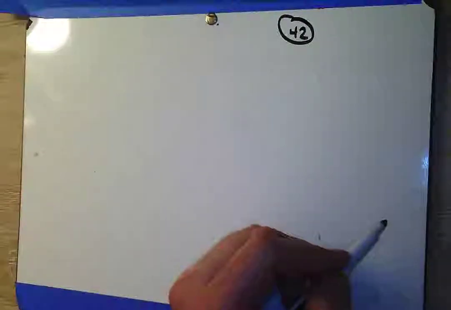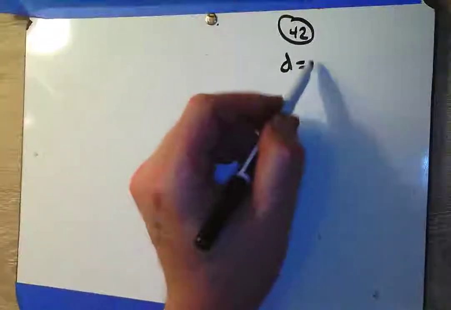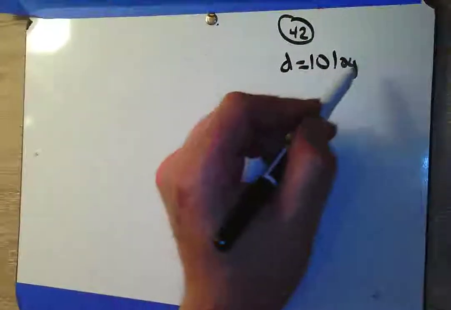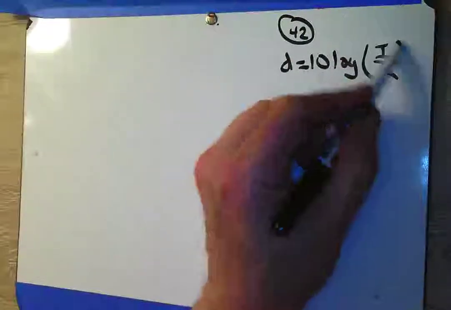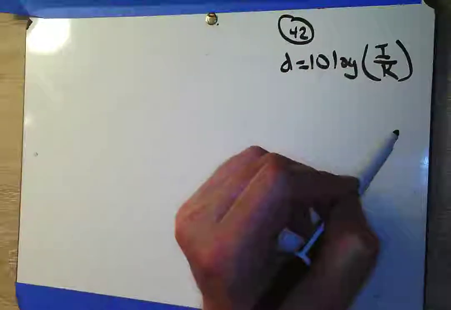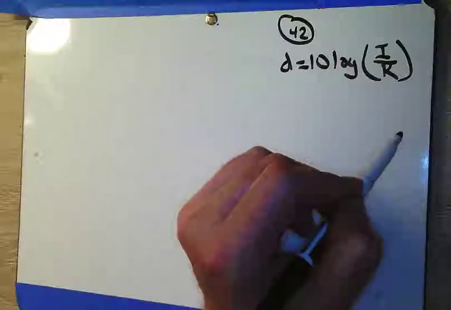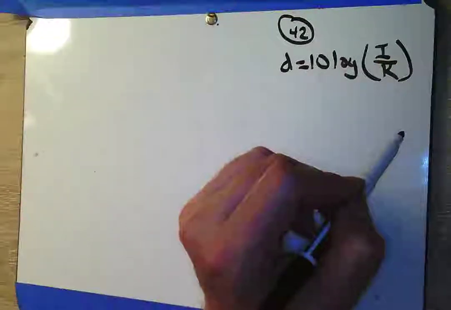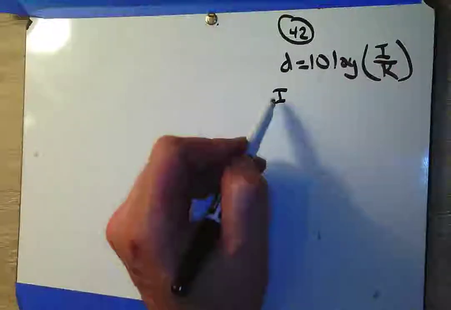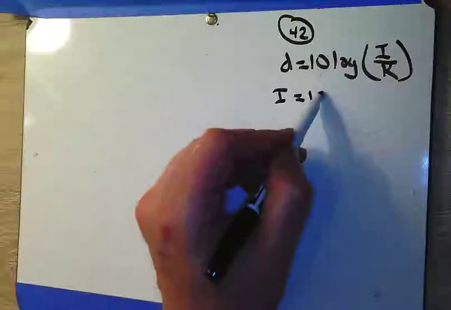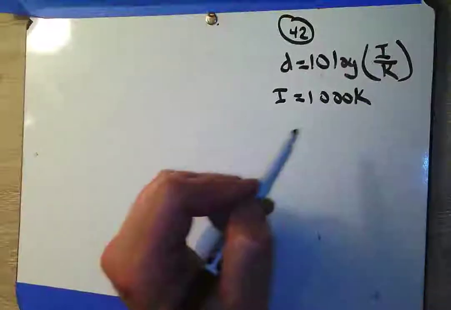The number in decibels is given by 10 log intensity over K. Where sound I is the sound intensity of the audio source, K is a constant. How many decibels produced by an audio source whose intensity is 1,000 times K?